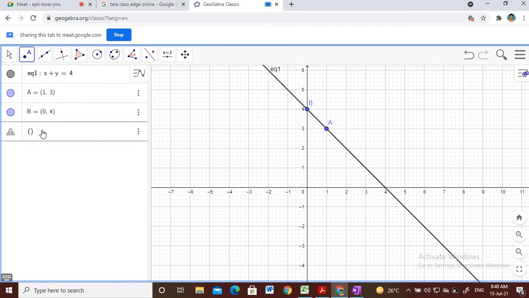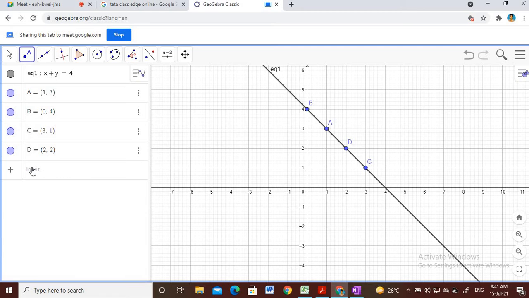You see one more point, one more solution of this equation. Sir, 3 comma 1. Yes, 3 comma 1, you see. Sir, 2 comma 2. You see 2 comma 2. I think there are 4 solution possibilities.